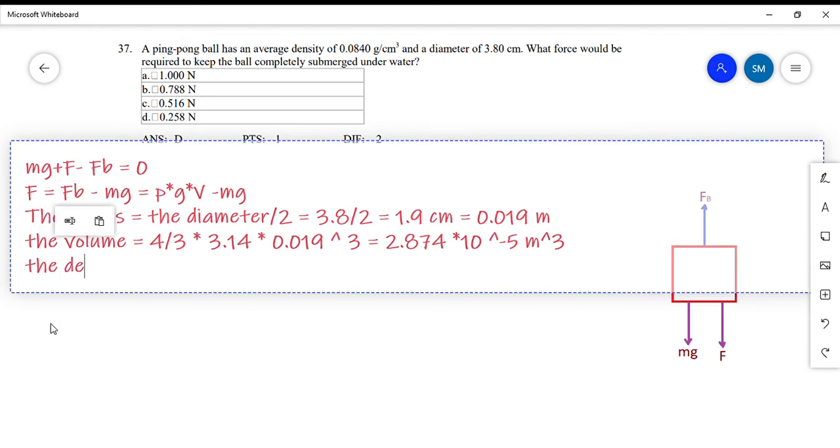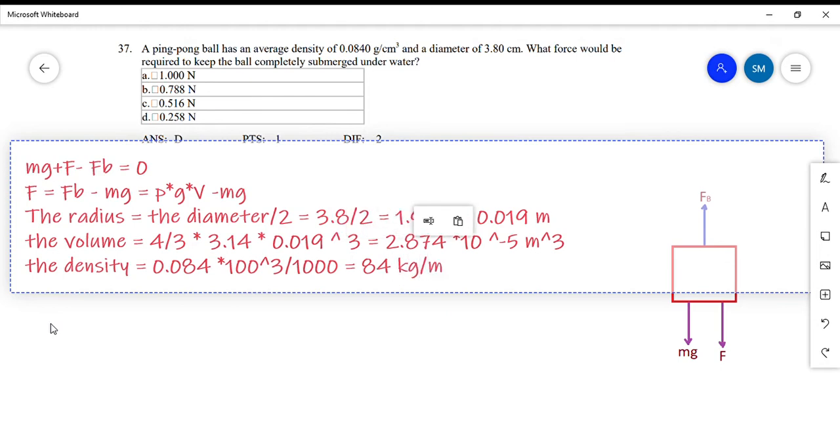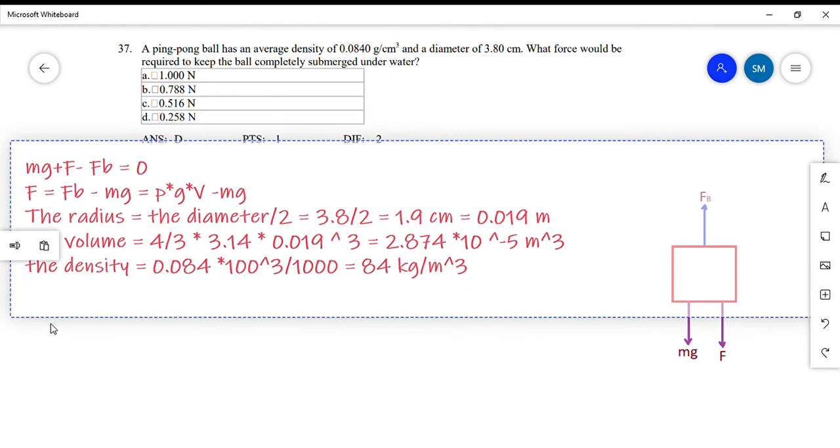So the density is equal to 0.084 times 100 power 3 over 1000, which is equal to 84 kilogram per meter cube. So this is the density.